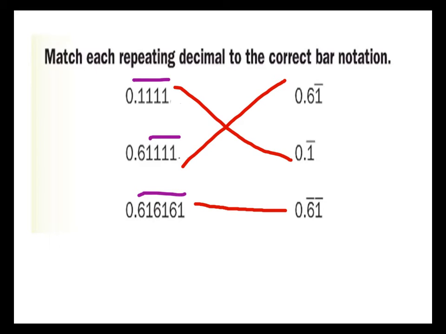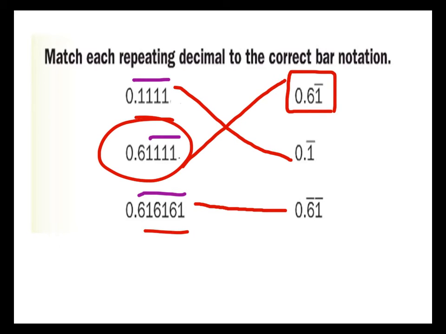Thank you. All right, this is very good. Notice that on this one, it's just the one that's repeating. The 6 does not, so we have to find out where the bar is just above the 1, okay? And on this one, it's good, and this one as well is good, okay? You guys have any questions?